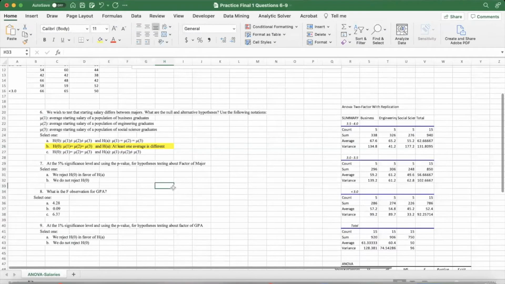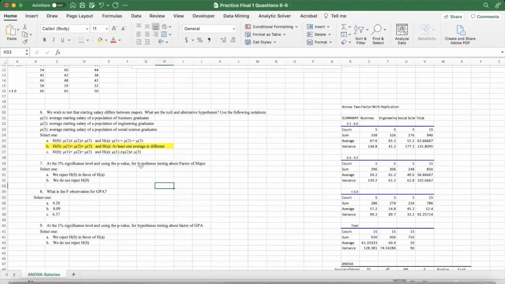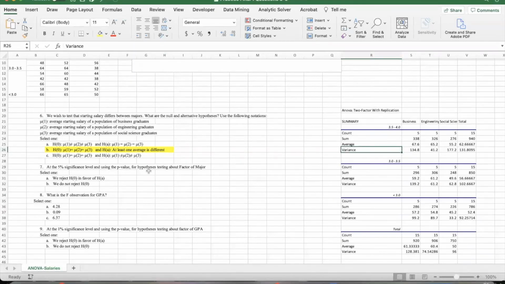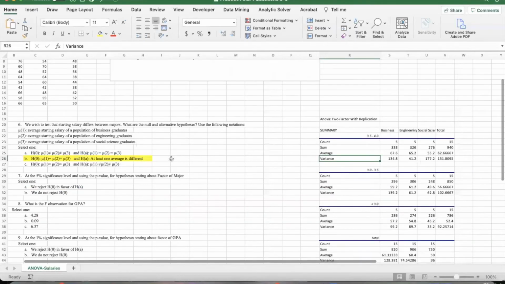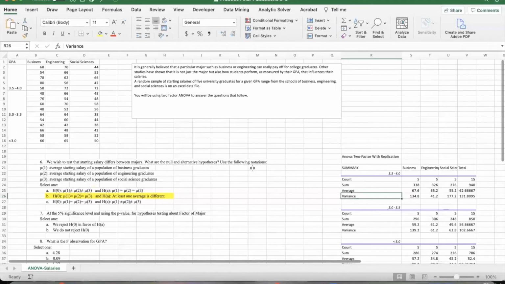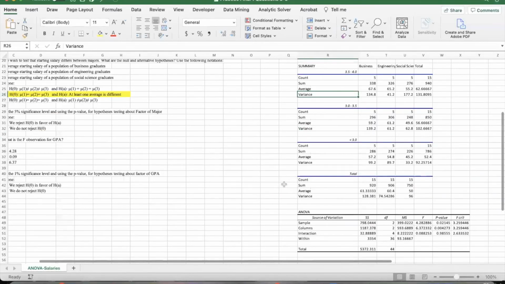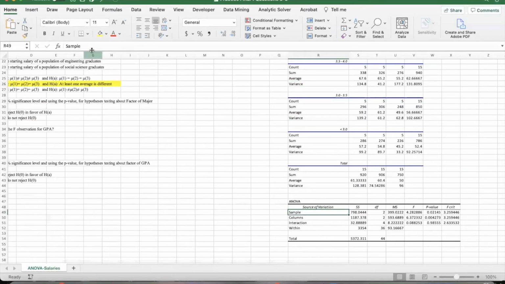Okay. So this says at the 5% level of significance and using the p-value for hypothesis testing about the factor of major, select a 1. So what we need to do is figure out which one is GPA and which one is major. So our GPA is going to be this sample right here.